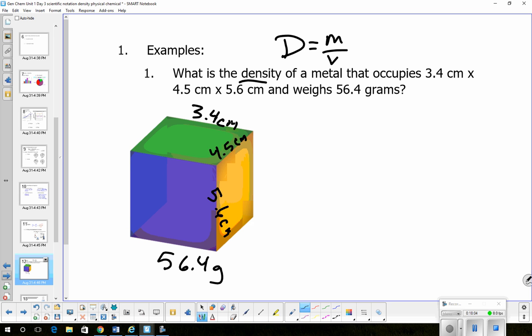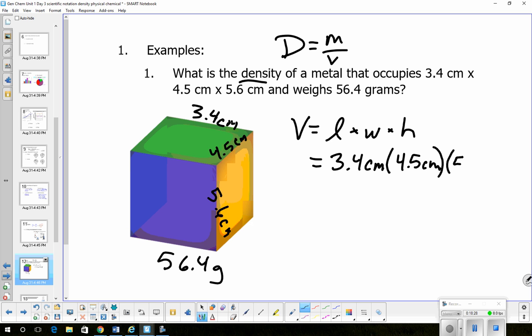How do I find the volume of a cube? To find the volume, I go length times width times height, right? So to get the volume, and this is in your thing, so you might want to write some examples down. 3.4 centimeters times 4.5 centimeters times 5.6 centimeters.